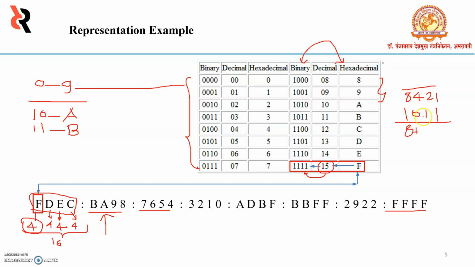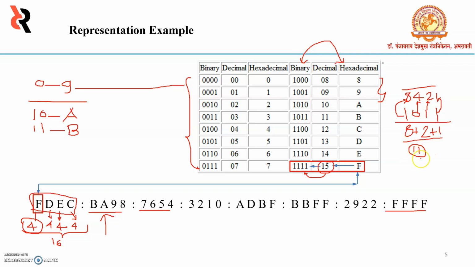0 plus 2 plus this 1. The first 1 represents 8, the 0 represents 4, the next 1 represents 2, and the last 1 represents 1. So 8 plus 2 plus 1 is equal to 11 in decimal.